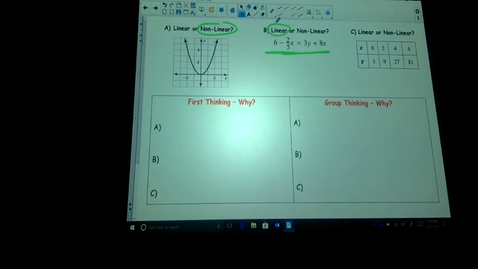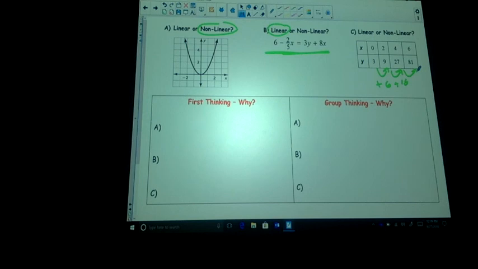you don't have x raised to an exponent. You don't have x in a denominator. You don't have y as an exponent or a denominator or under a square root sign, so that's totally linear. And then this, linear or not? Linear. Okay, so common difference, I would have to add 6 there, add 18 there, and add way more than 18 there.